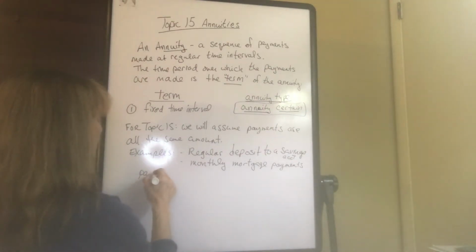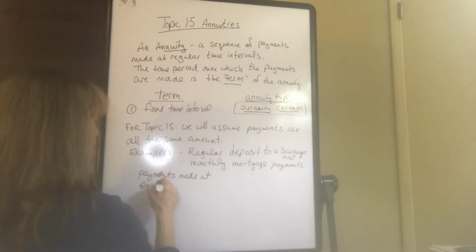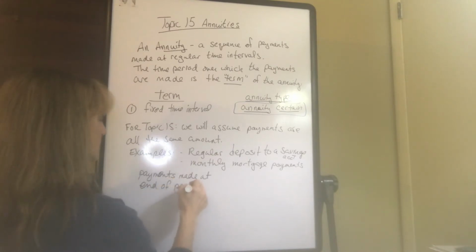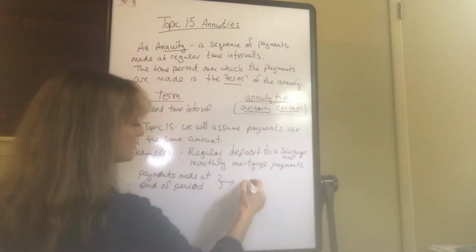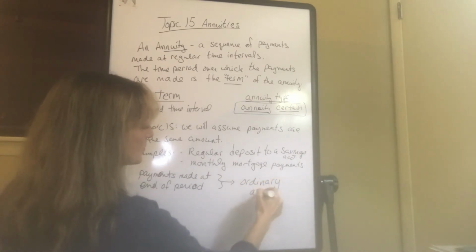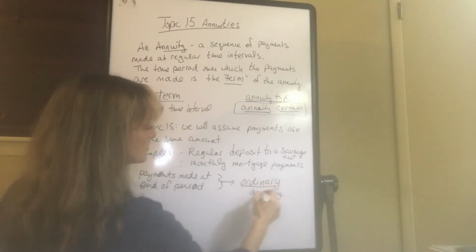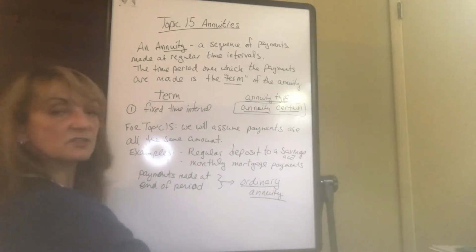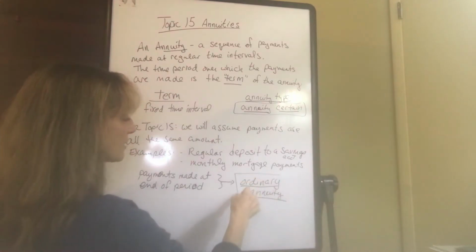Payments made at the end of the period is what we refer to as an ordinary annuity. This is also the type of annuity we're going to be focusing on for this section.